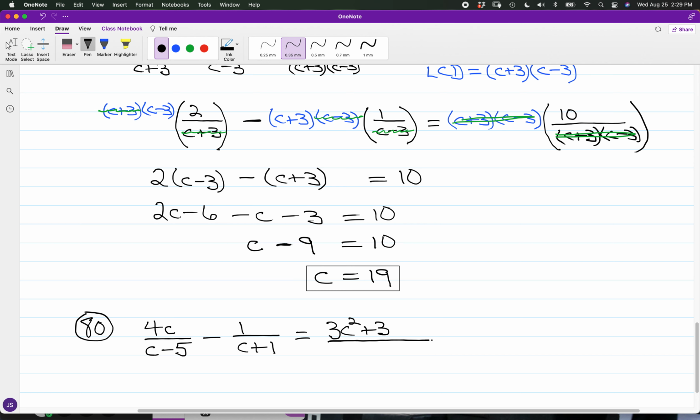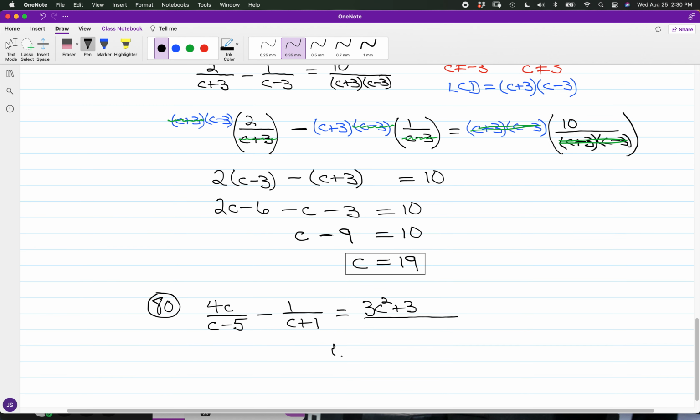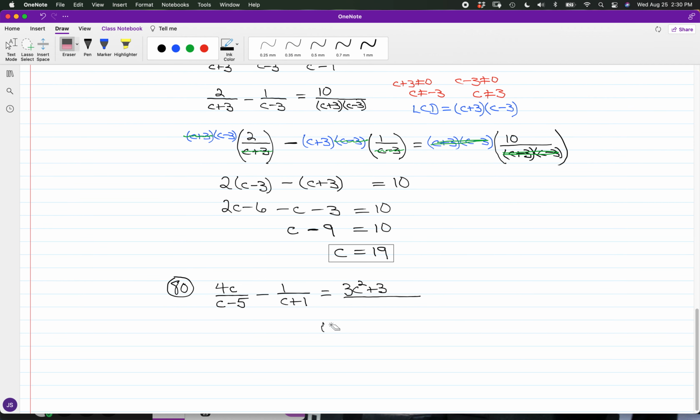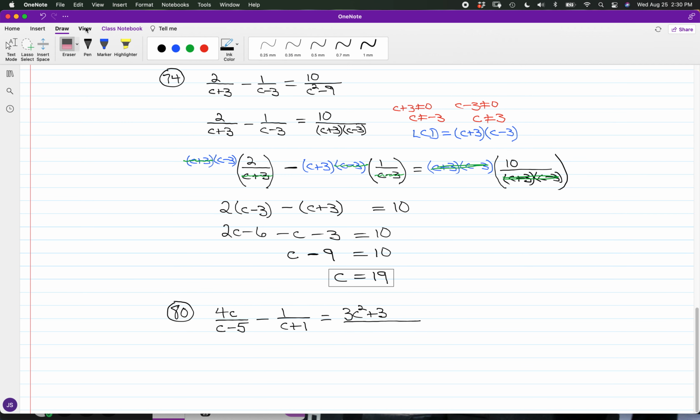And just going ahead and putting the denominator in factored form, we're going to have c minus 5 times the quantity of c plus 1.